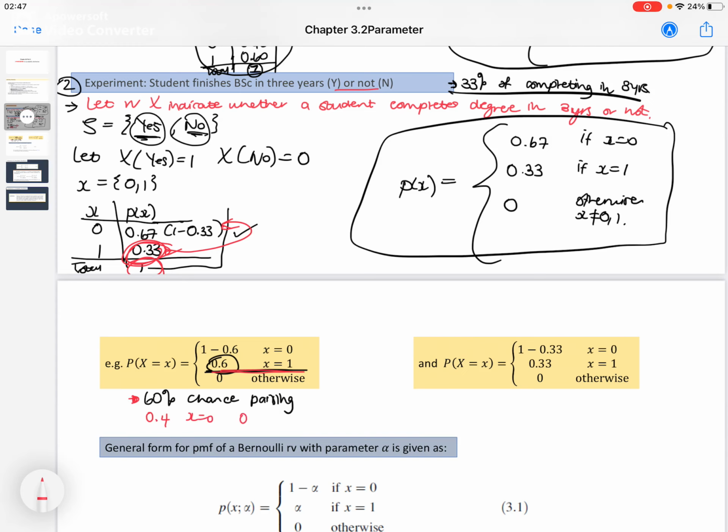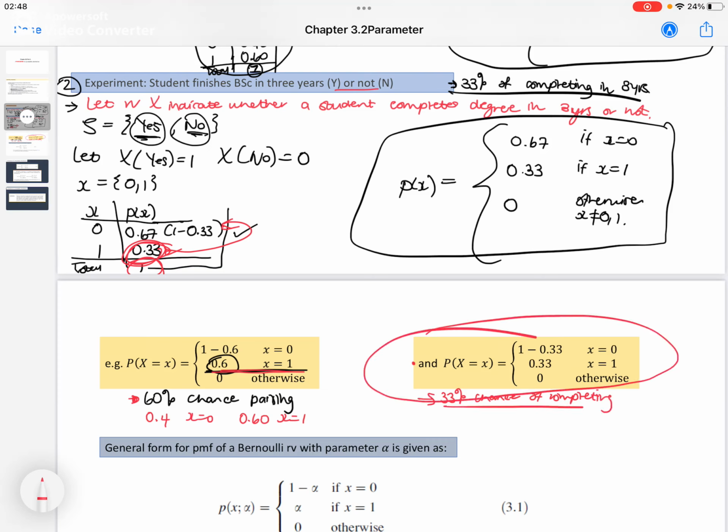If we have a 0.6 of passing. And then with the second experiment as well, we're given information that there's a 33% chance of completing. And so from this information, we can define the whole PMF by just using the single piece of information.